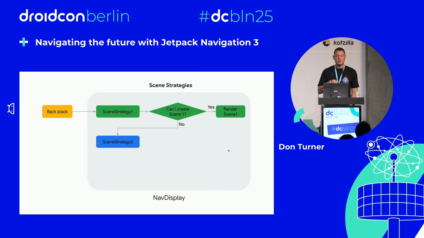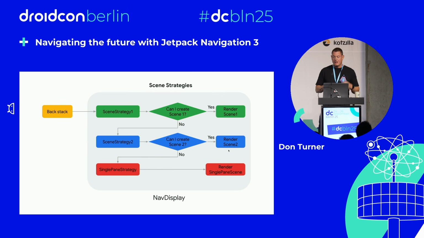So if the first strategy can return a scene, then that's the one that's rendered. If not, it moves to the next strategy and does the same thing. If none of the supplied scene strategies can create a scene, then NavDisplay always falls back to the single pane scene strategy, and the last backstack entry will be rendered in a single pane scene.